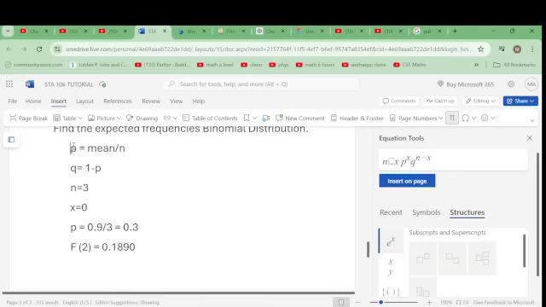In binomial distribution, p equals mean over n, q equals 1 minus p, and they give us the n, which equals 3. We are working on our x, which equals 0. Our mean is 0.9 and our n equals 3, so p equals 0.3. Let's just put our q also. So our q equals what?